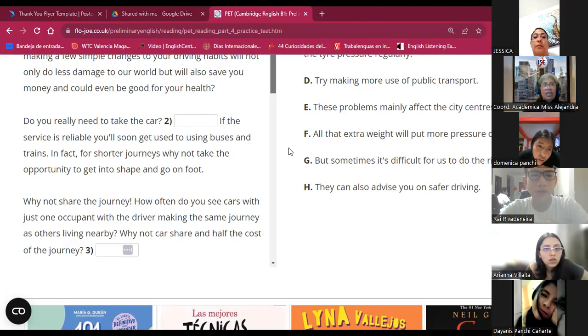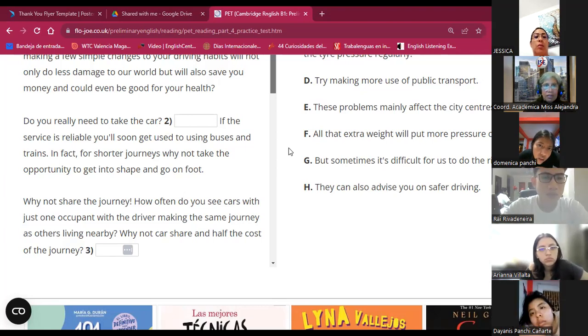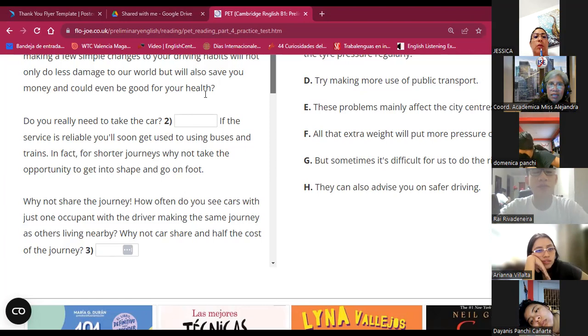Okay, so which are the keywords here? How can you protect the environment and save money? Using buses and trains.